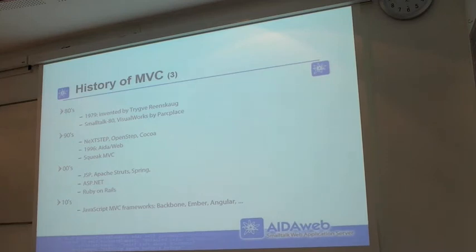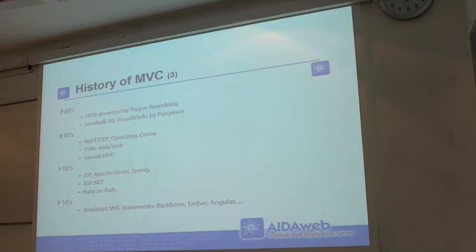Then you have Java stuff like Apache Struts, Spring, so GUI stuff. And you have Microsoft ASP.NET, and of course you have Ruby on Rails. Ruby on Rails has the most outspoken MVC framework actually. So all web-based, but those are usually classical web applications which have a page which is refreshed.